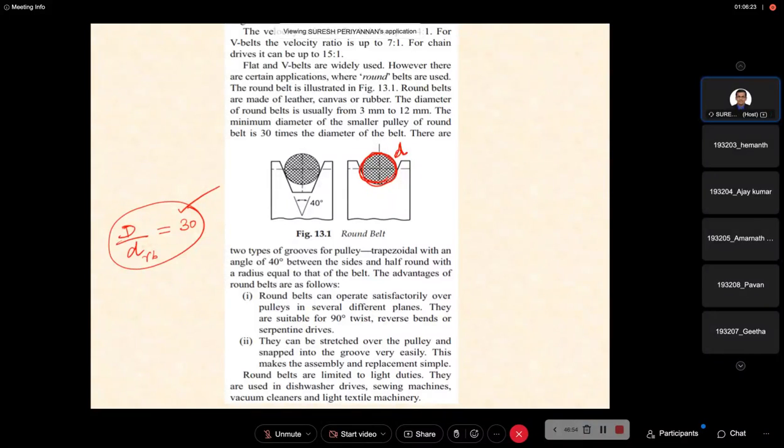Now there are two types we already discussed. Now we are going to discuss the cross section of the belt and the belt construction. See here, this is a pulley.